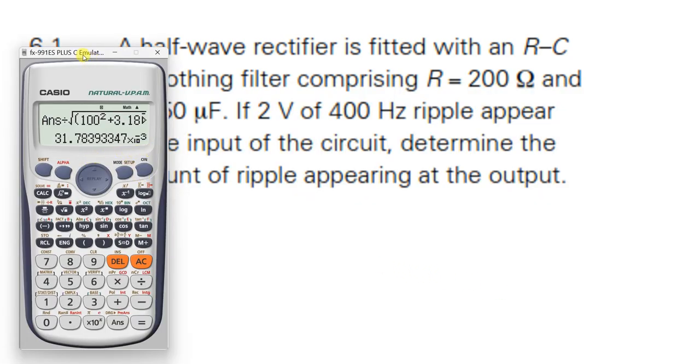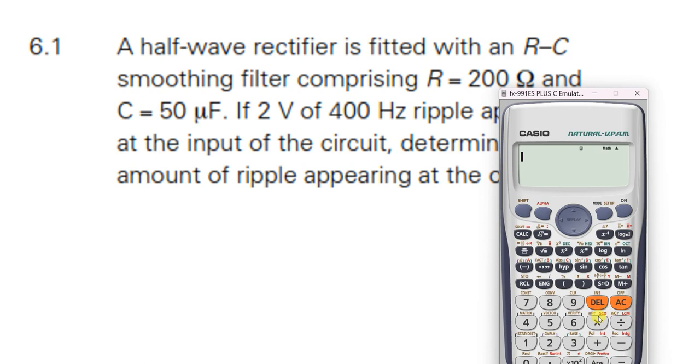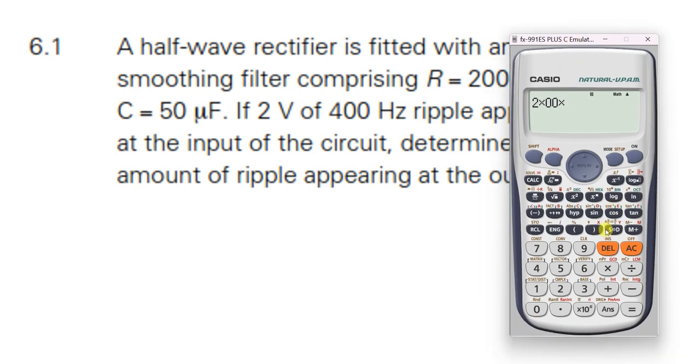The formula is, first you have to find the reactance of the capacitance. Reactance of capacitance is 1 by omega C. So omega is 2 into pi into f. F is how much for this problem? 400. And C is 50 micro, 50 into 10 to the power of minus 6.